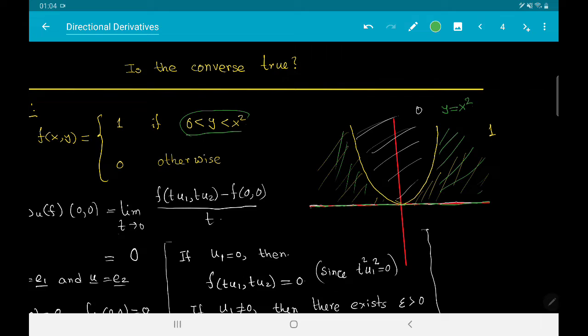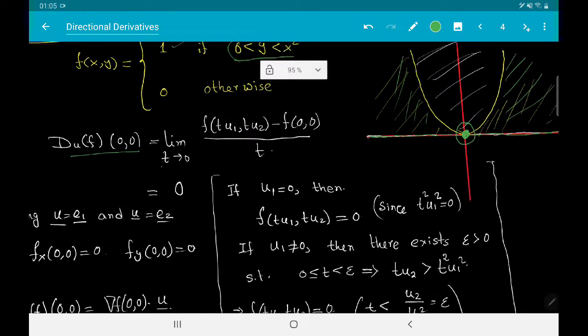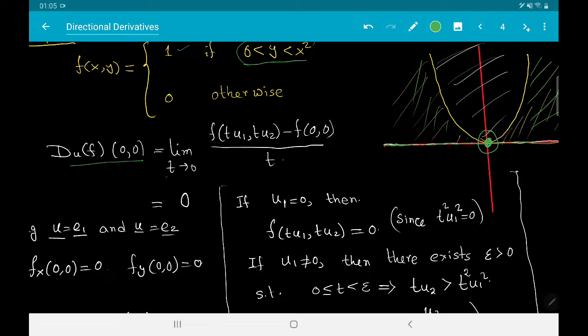So just above the x-axis, the region marked in green, you pick any tuple (x0, y0) from this region, f is going to be 1, and you take any other point in R2, and f(x, y) is going to be equal to 0 at those points. Some simple calculations now will show you that the directional derivative of f at the point (0, 0), which is of course called the origin, is going to be equal to 0.